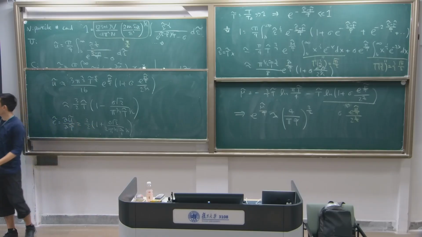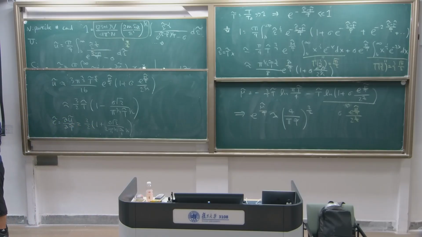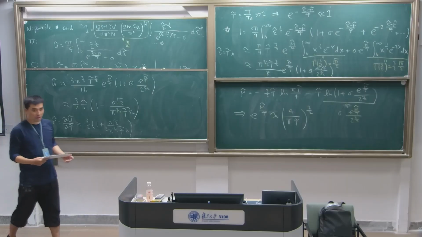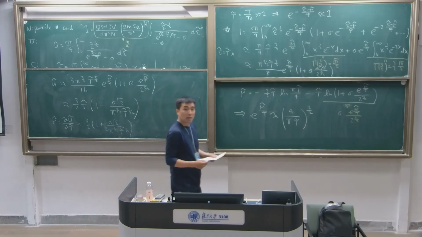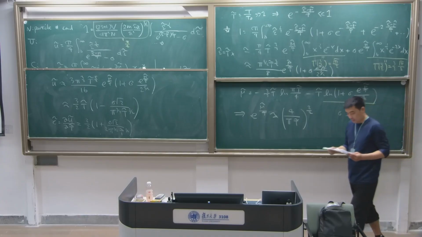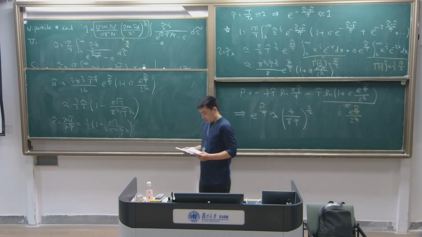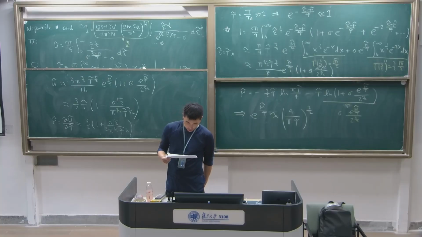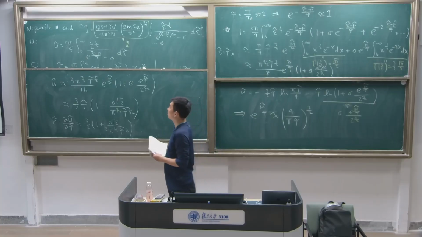So the boson becomes above this 3/2, and the fermion becomes below this 3/2. So it's a perfectly nice behavior.